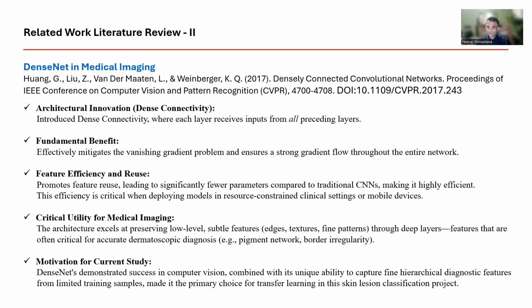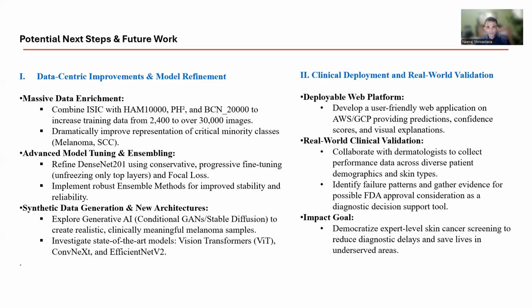This efficiency is critical when deploying models in resource-constrained clinical settings on mobile devices. It served as a critical utility for medical imaging. The architecture excels at preserving low-level subtle features, edges, textures, and fine patterns through deep layers, features that are often critical for accurate dermatoscopic diagnosis, and it is one of the reasons it was a motivation for my current study.